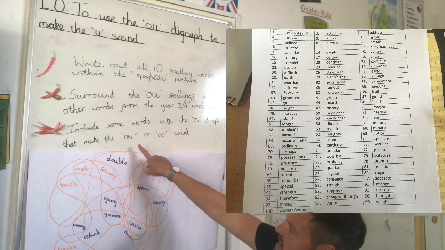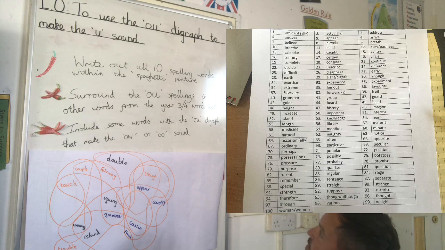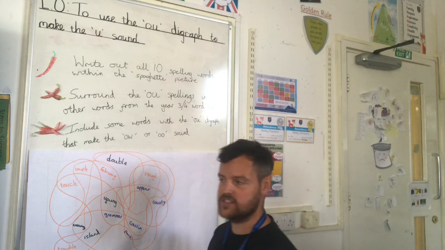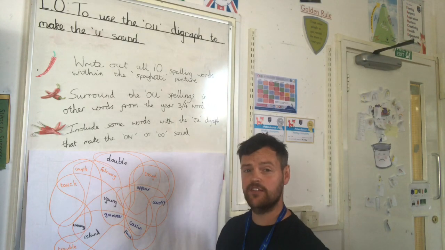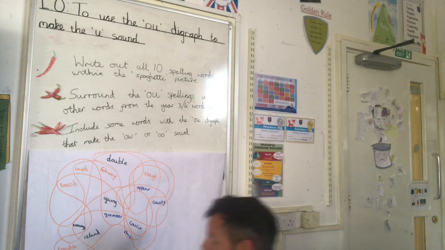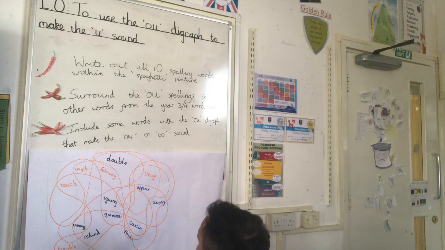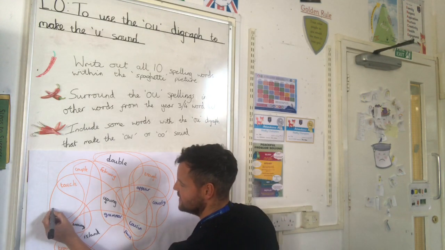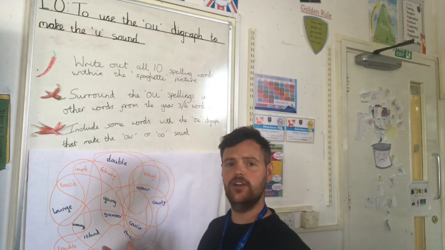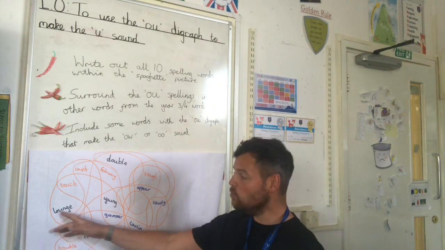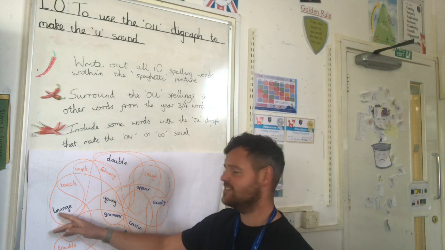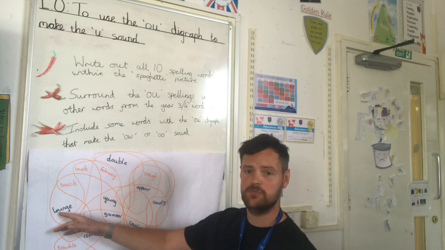Now, if we look at chili 3, it says, include some words with the OU digraph that make the ow or oo sound. Or if you really want to push yourself, do some of either of those. So thinking about the ow sound now, I'm going to put in the word lounge, so that when my learning partner looks at these words, they might go, oh, that word's got OU, but they're really going to have to sound out that word and say it aloud to think whether it's the right kind of sound that's being produced.